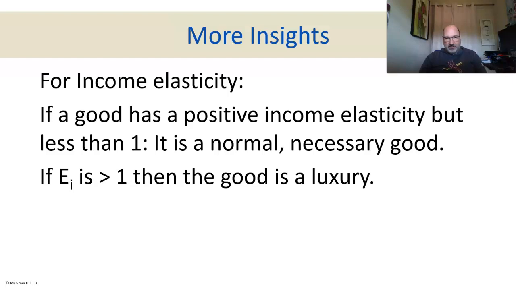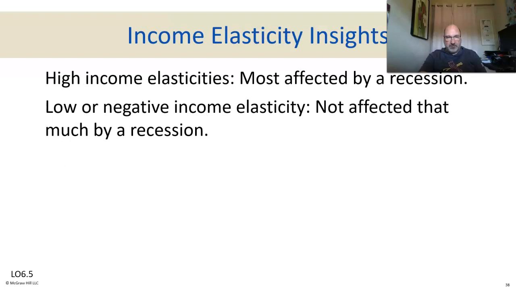So if it's positive but less than 1, it's a necessary good. Greater than 1, it's a luxury. I had a table on this in another text also. Beer falls into the normal necessary good range. So there you go.